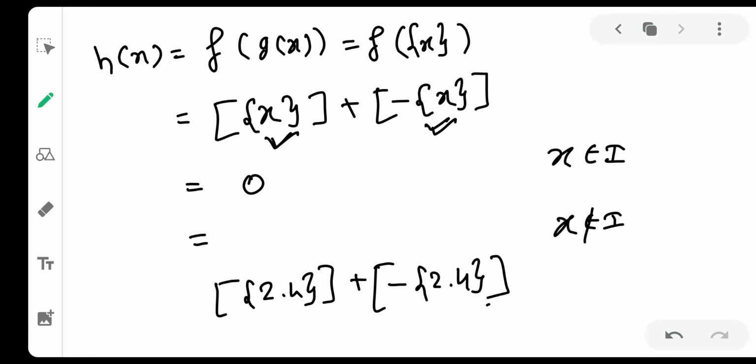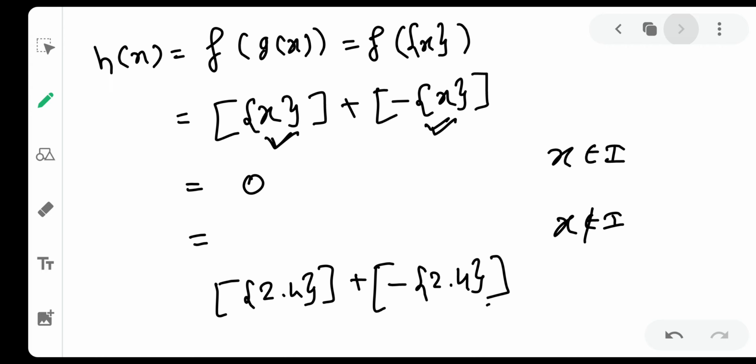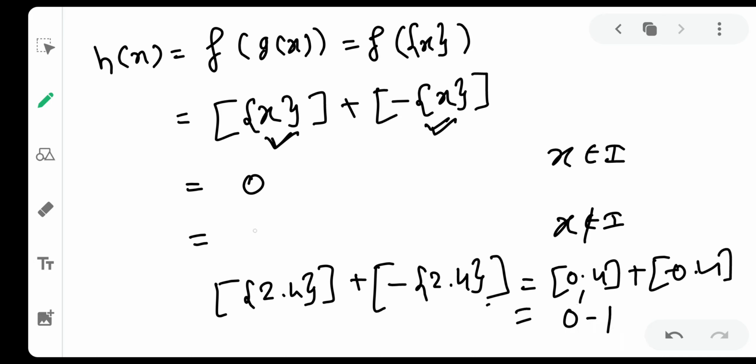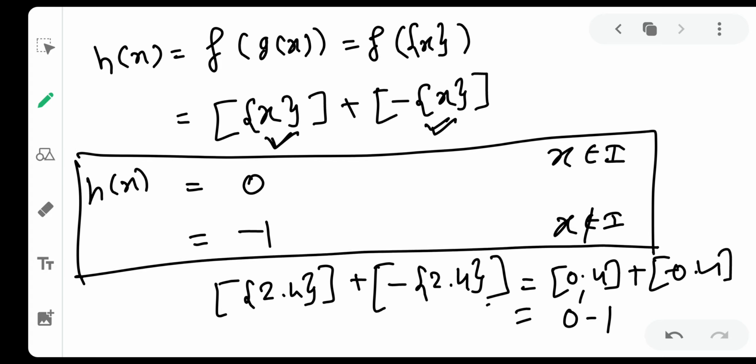For 2.4, the fractional part will be 0.4 and over here it will be minus 0.4. So this is 0 and this is nothing but minus 1. So this is minus 1. So that is your h(x).